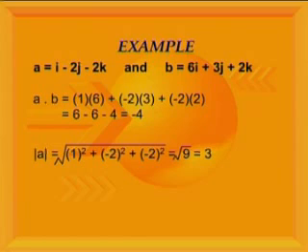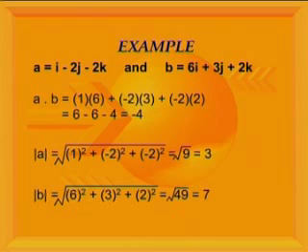So here the magnitude of A is the square root of 1 square plus minus 2 square plus minus 2 square, which is the square root of 9, equal to 3. And magnitude of B is equal to the square root of 6 square plus 3 square plus 2 square, which is the square root of 49, and that is 7.